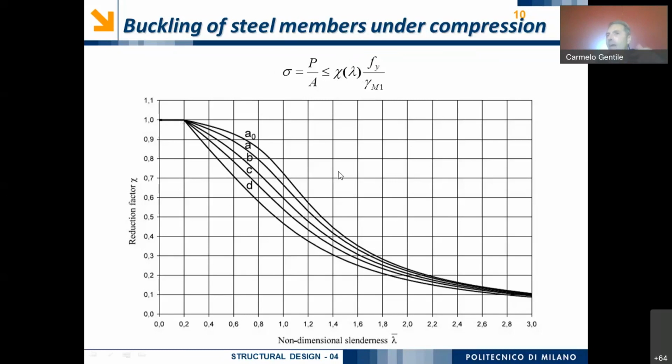In case we are referring to omega, omega is always larger than 1, because chi is basically a reduction factor applied to the strength Fy. Instead, if I use omega, omega is an amplification factor applied to the load.